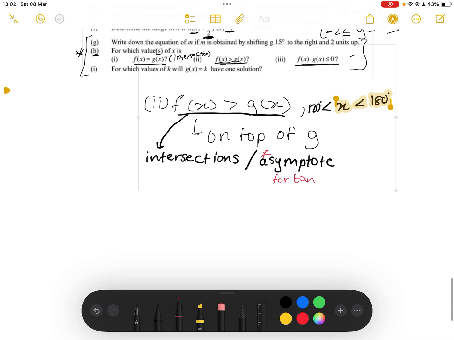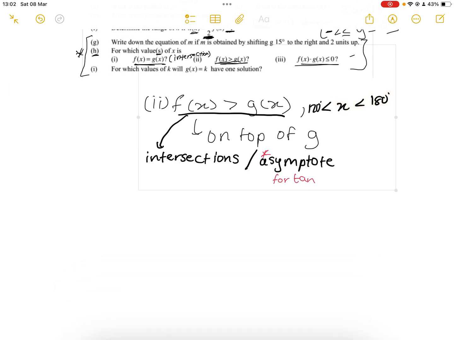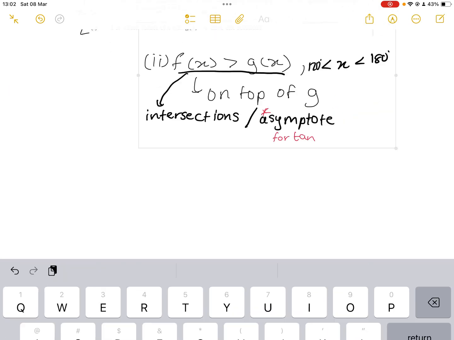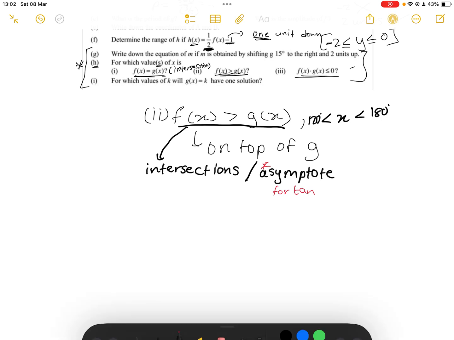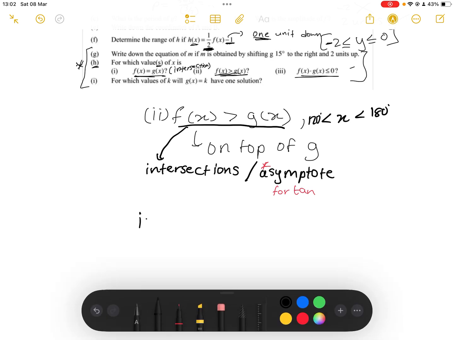But for Roman figure number 3, they said f at x times g at x is less than or equals to 0.